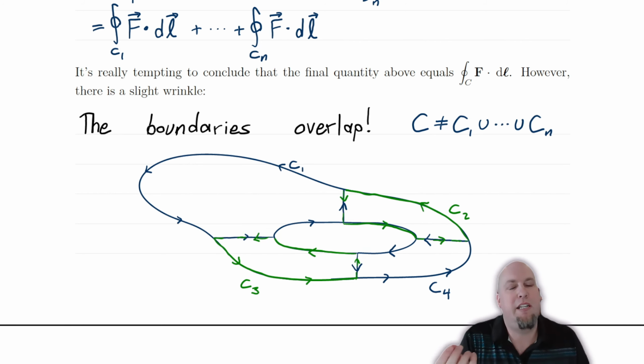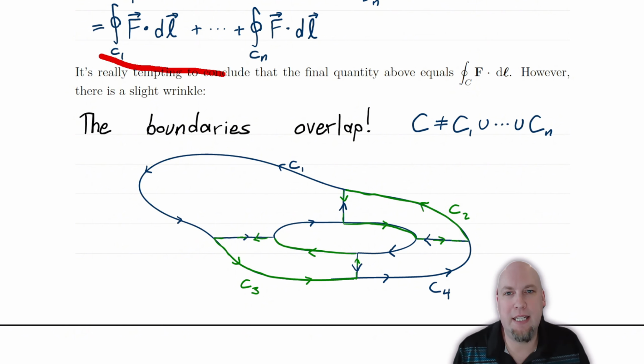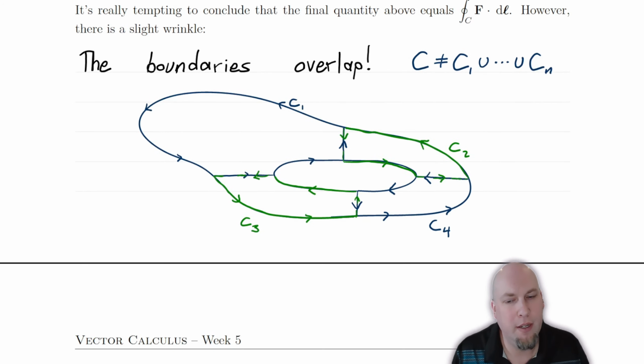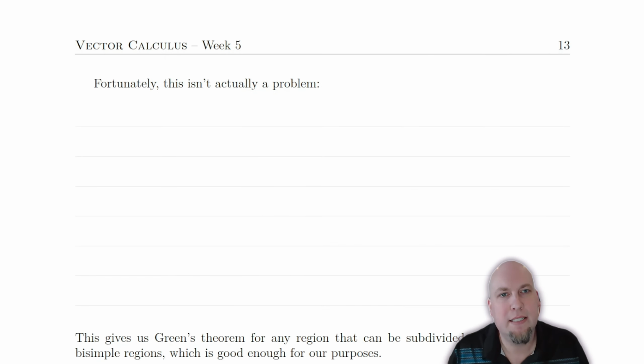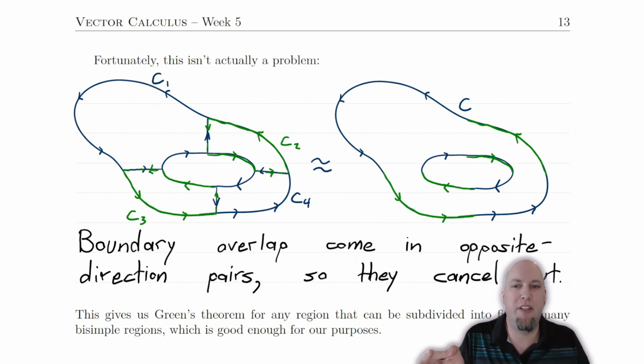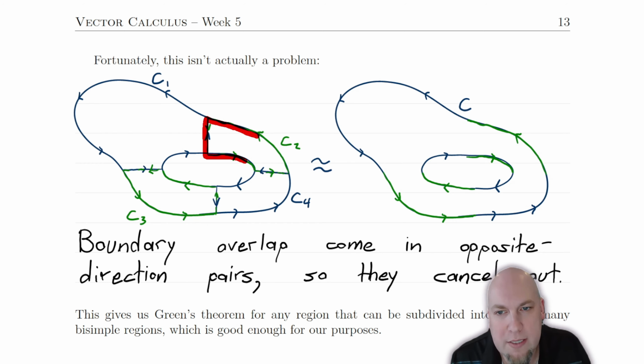Okay, so what's the fix here? How do we make the leap and say that the sum of these vector line integrals really is this one vector line integral around the boundary of D itself? The trick is, when you analyze where C1 overlaps with C2, for example, you'll notice that if we parameterize each of these subcurves going counterclockwise, then these overlaps are always going in the opposite direction of each other. For example, on this line here, C1 is going up, C2 is going down.